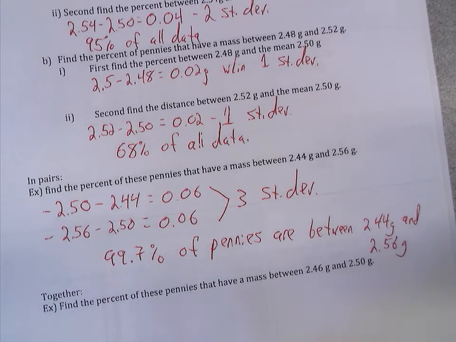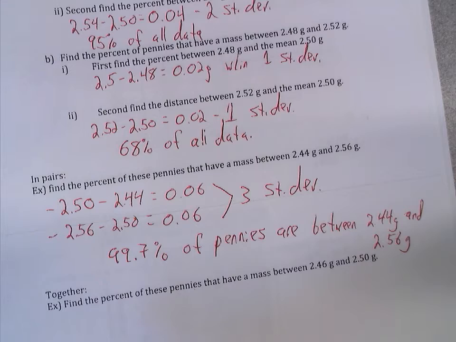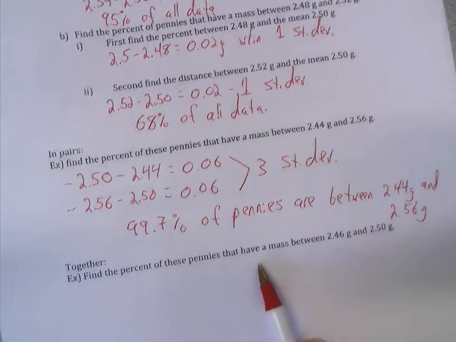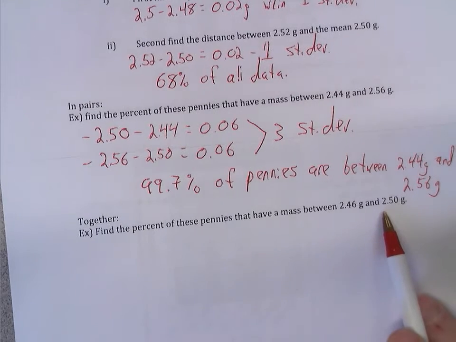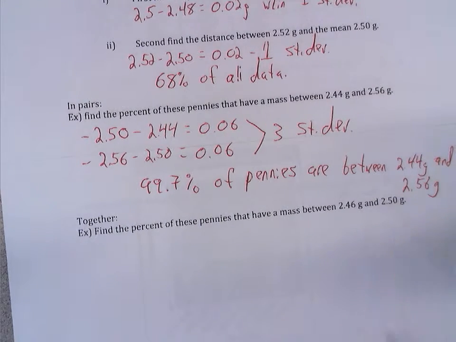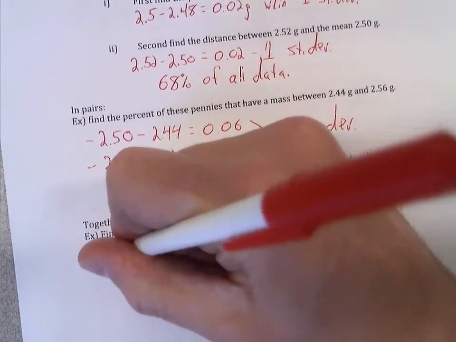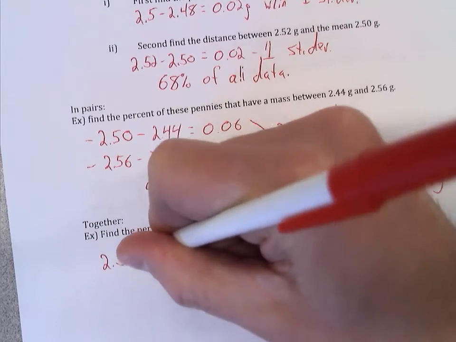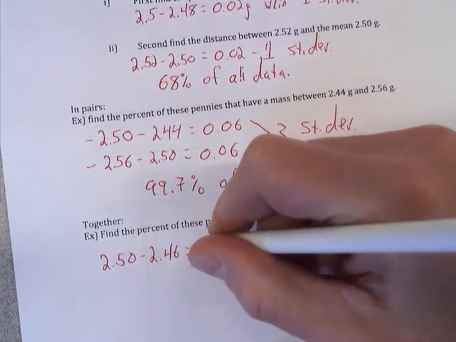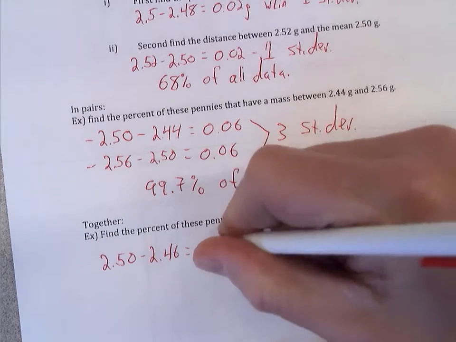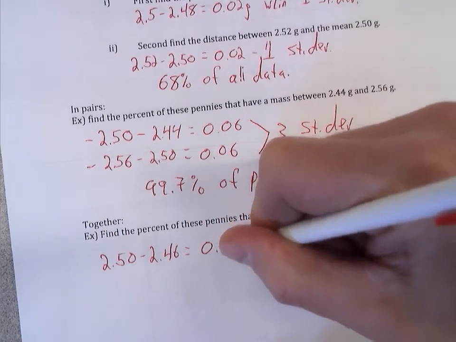All right, now it wants to know, find the percent of these pennies that have a mass between 2.46 and 2.50. So we'll do the first one. 2.50 minus 2.46 gives us 0.04.